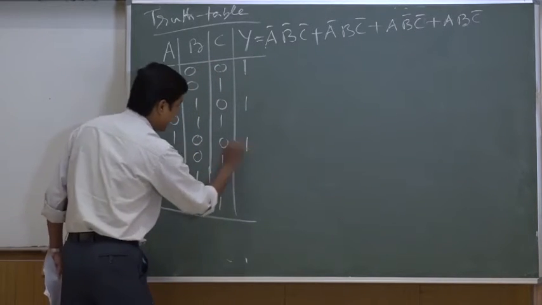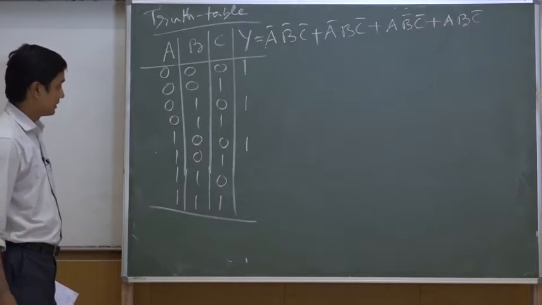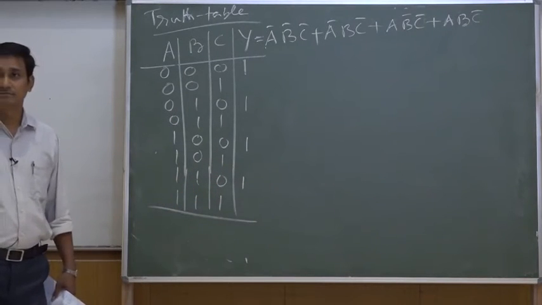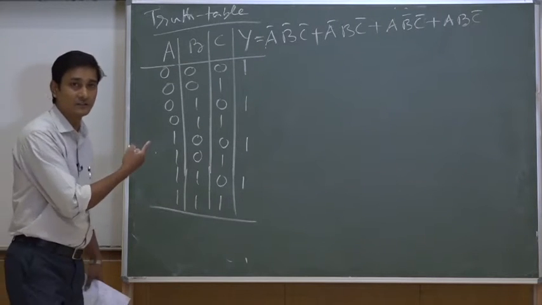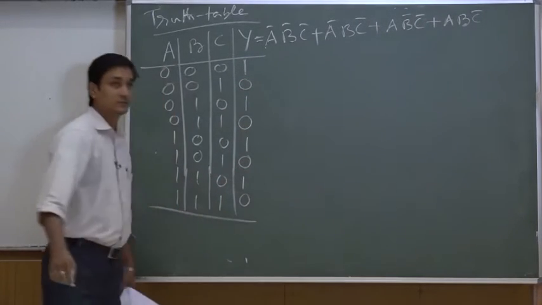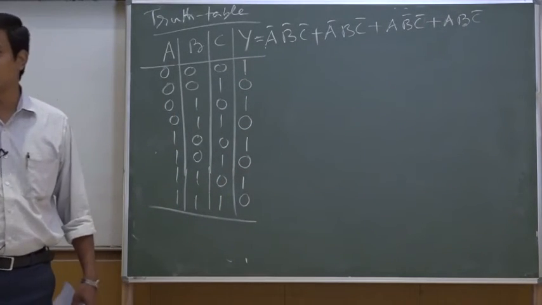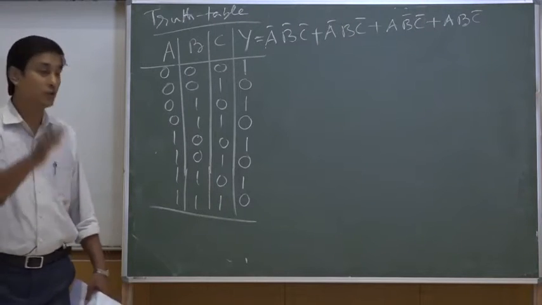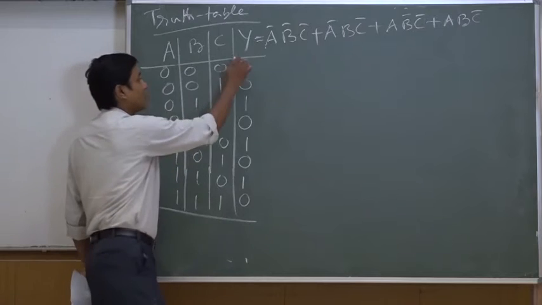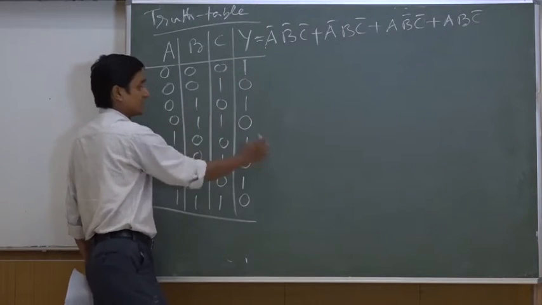Then A, B, C bar. What about the others? They are all 0. So now, y is asked to be some combination of A, B and C in such a way that the output y becomes 1 for these conditions.